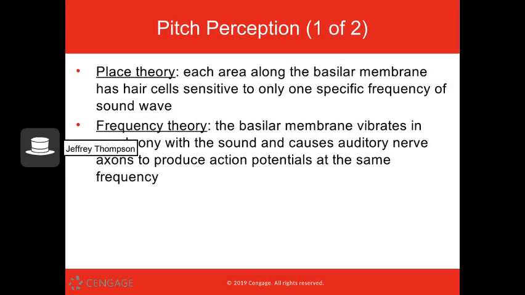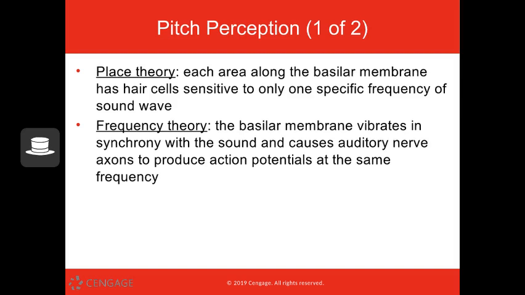So there are two different theories of how we perceive pitch. One is place theory, which is the idea that the different hair cells will respond to specific frequencies because they're sensitive to only one frequency of sound.